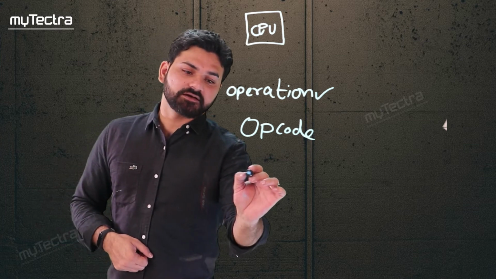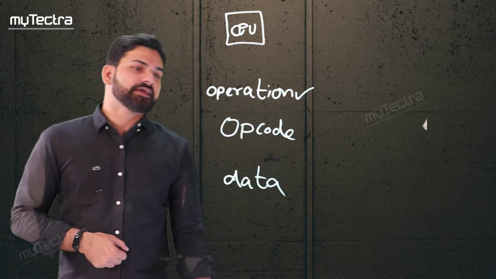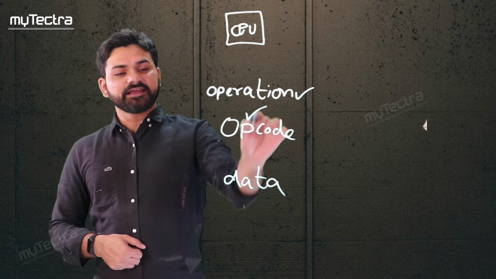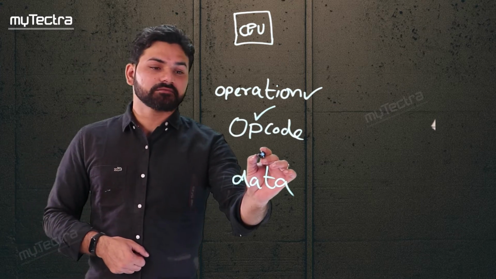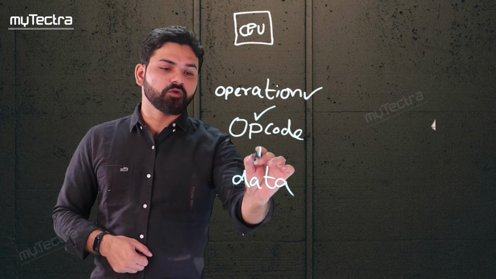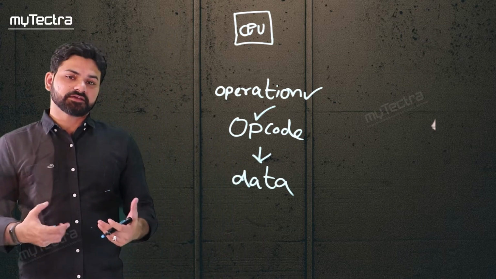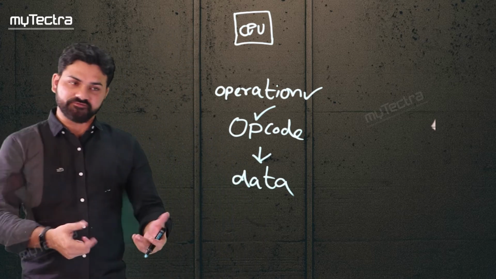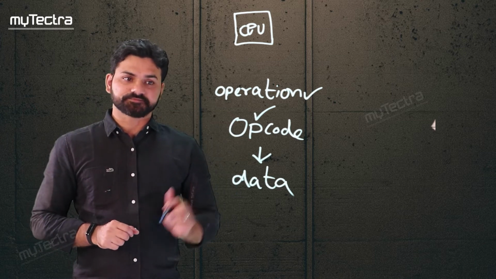Let's call that data. So what the CPU would do is read the instruction, and it will use that instruction to work on the data. This result it needs to store somewhere. That is the basis of how a CPU works.